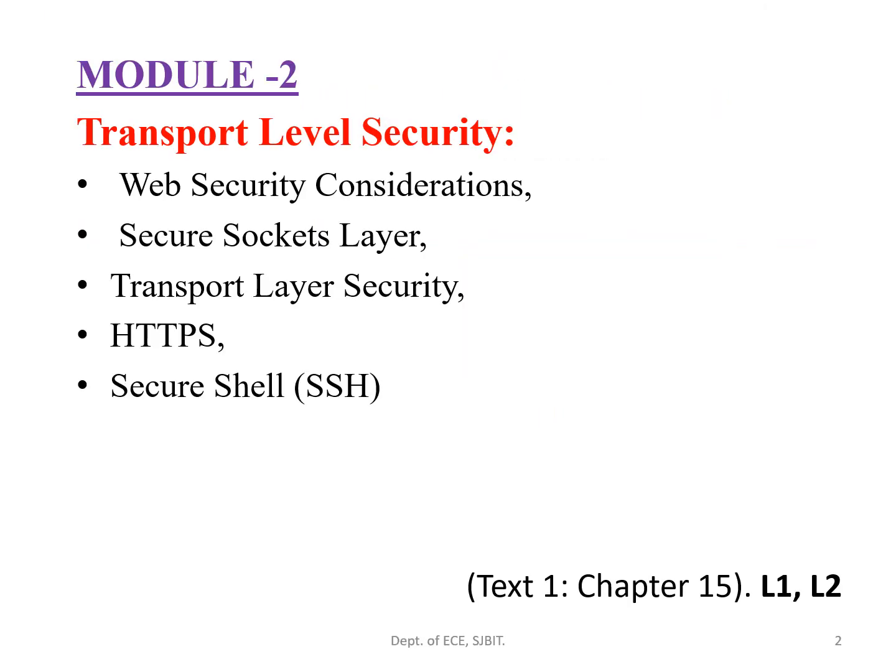Module 1 is transport level security. In that we are going to discuss web security consideration, secure socket layer, transport layer security, HTTPS and secure shell protocols. First, in web security consideration, we are going to study web security threats and different web traffic security approaches.